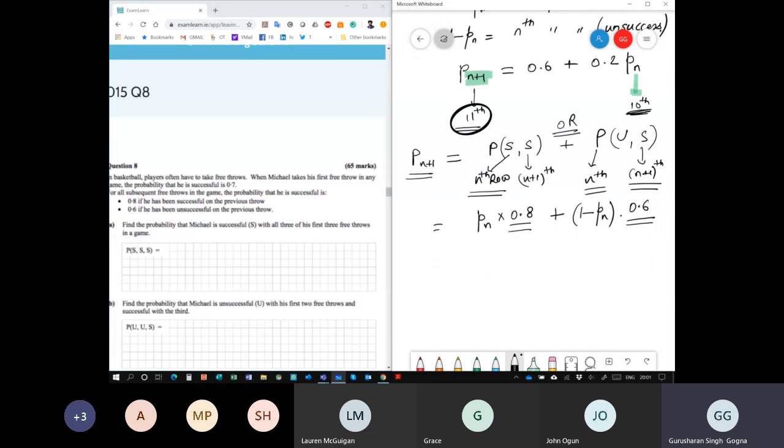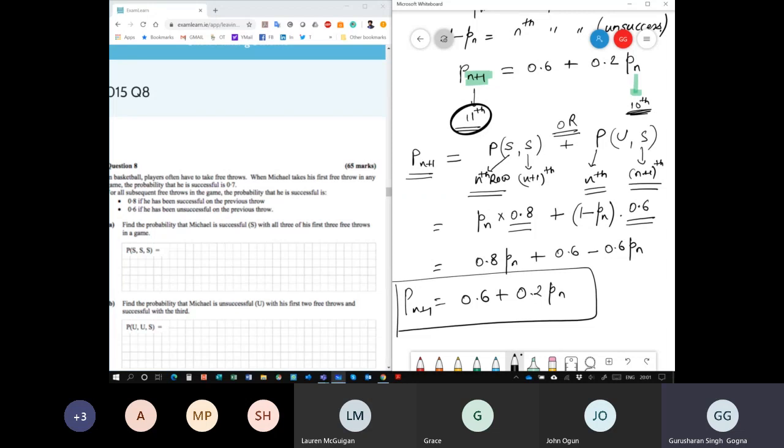First I write the two possibilities, then their probabilities, and then simplify. So 0.8 Pn, and multiplying 0.6 inside the bracket gives 0.6 minus 0.6 Pn. So you get 0.6, and 0.8 minus 0.6 is 0.2, so 0.2 Pn.